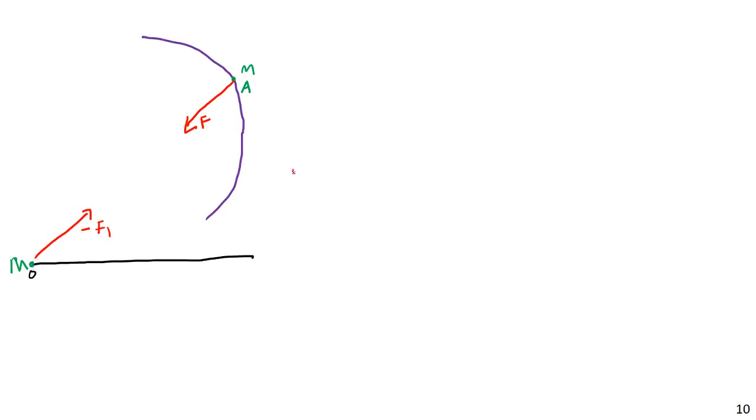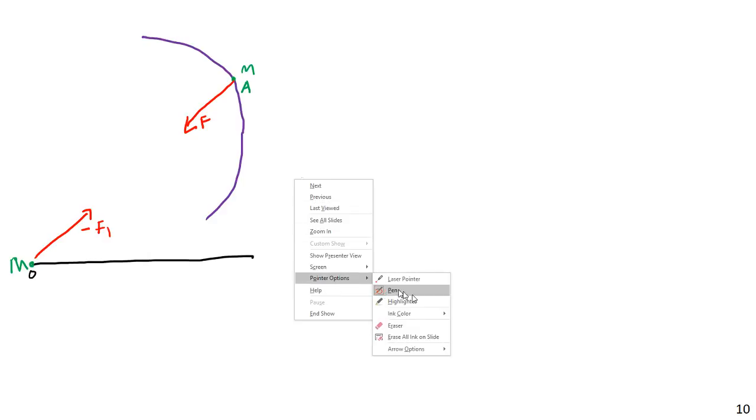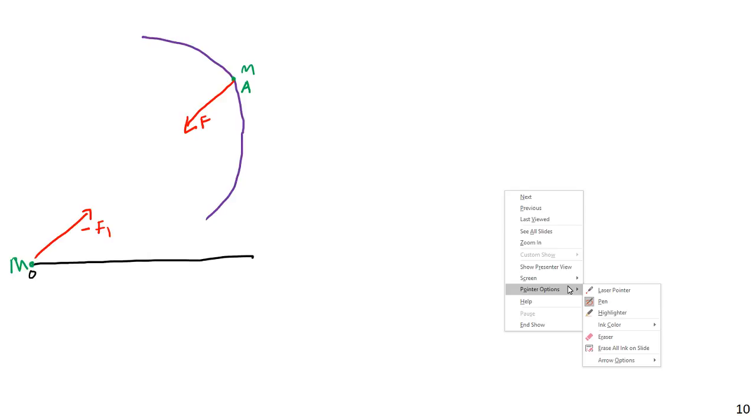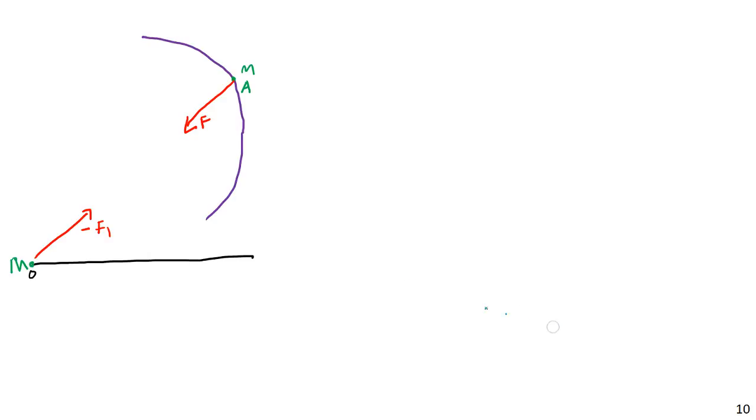Then I want to define two other points. These are my bounds of integration. I want to analyze this across a path, through a portion of the object's orbit. So I'm going to say point A1 here, and point A2 here.